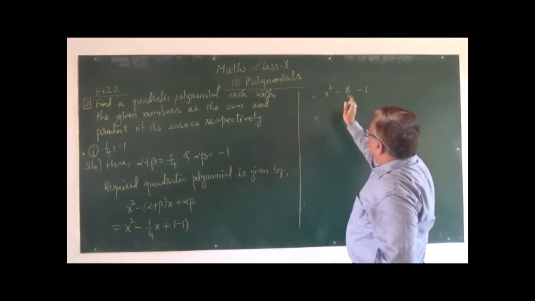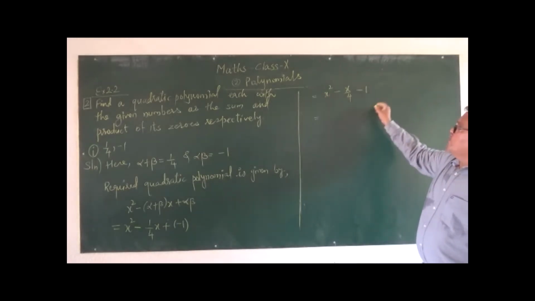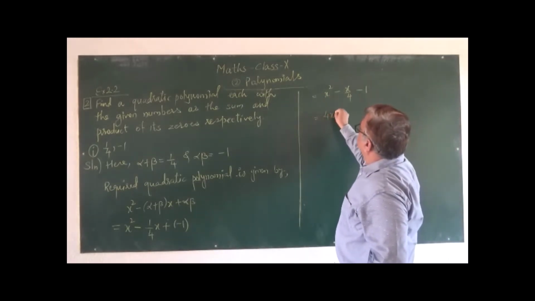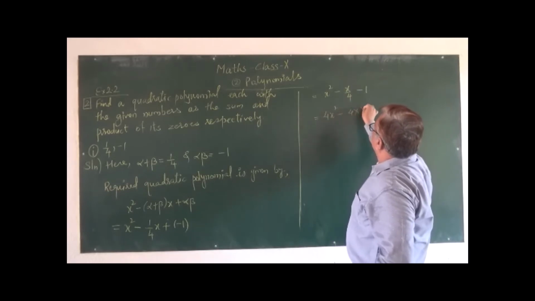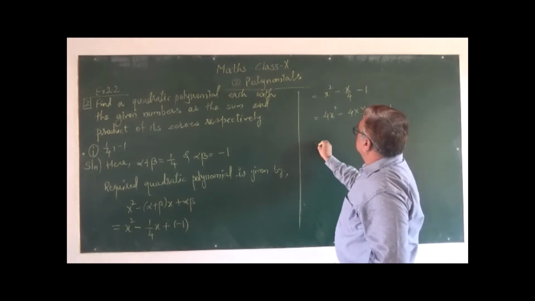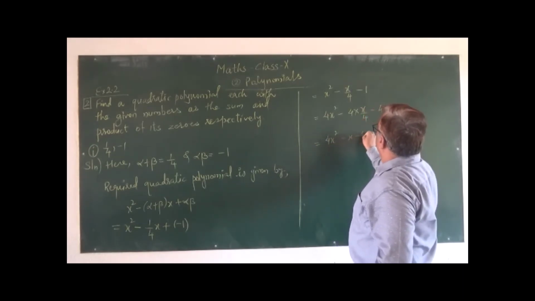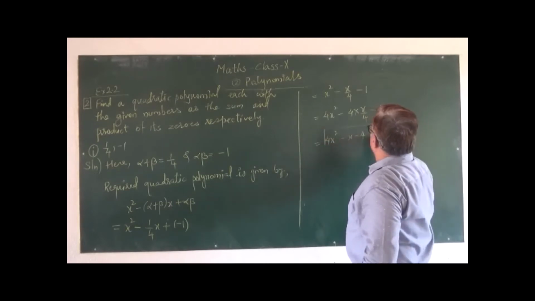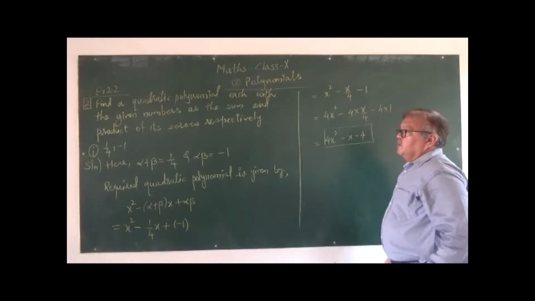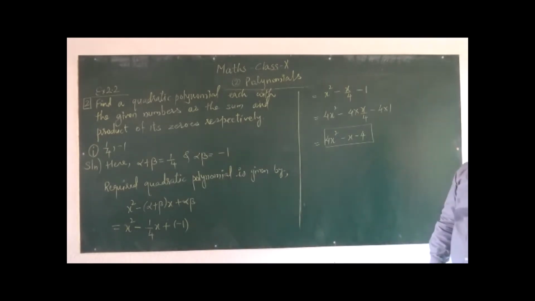You want to remove this 4, so multiply all the terms by 4. So we will get 4x square minus 4 into x by 4 minus 4 into 1. So this is nothing but 4x square minus x minus 4. So this is our required polynomial when the sum and the product of the zeros are given.